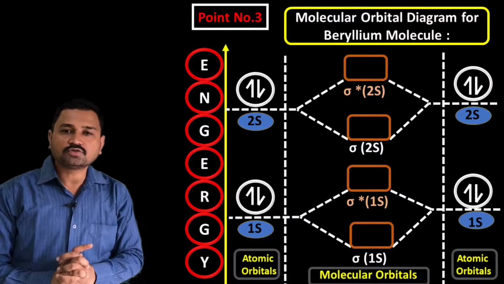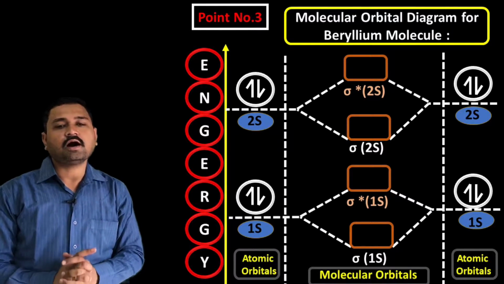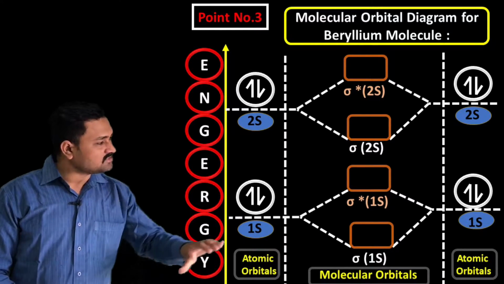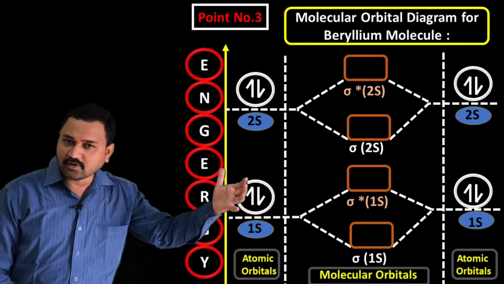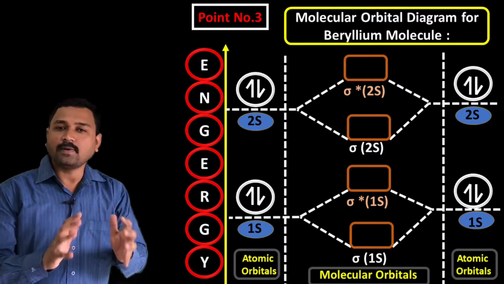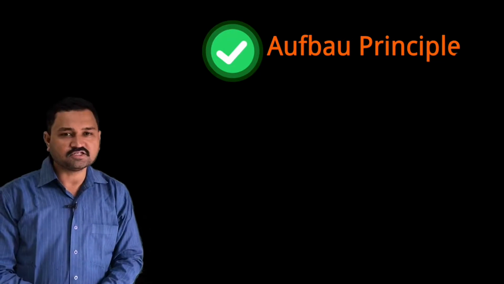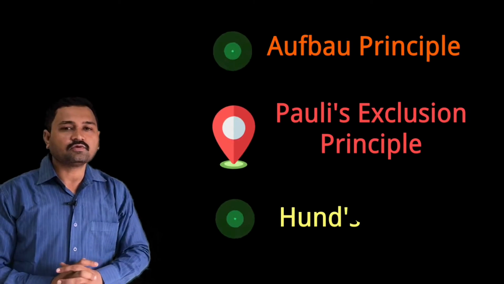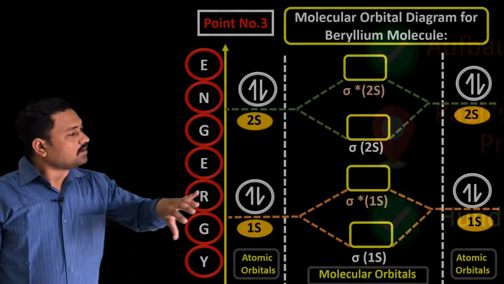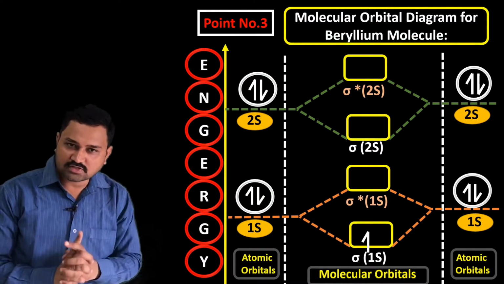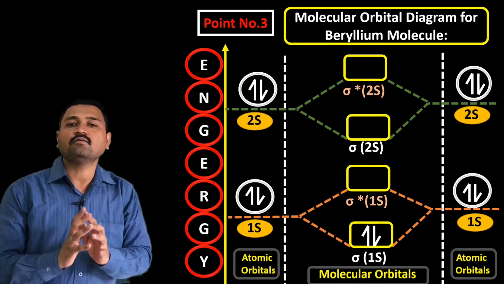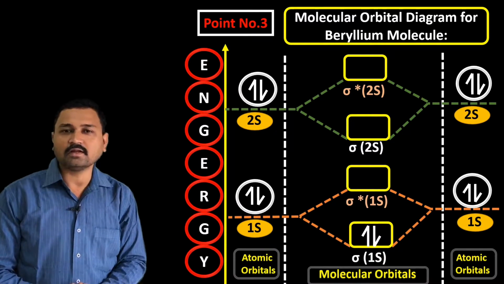So the total 8 electrons are distributed in these 4 molecular orbitals, the bonding and the anti-bonding, by following the Aufbau principle, Pauli's exclusion principle and Hund's rule. Out of the 8 electrons, the first 2 electrons will enter the sigma 1s bonding molecular orbital.